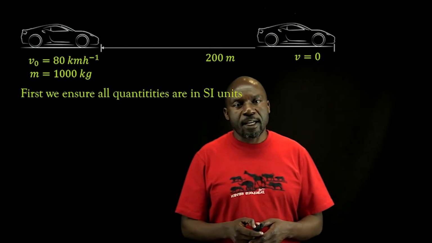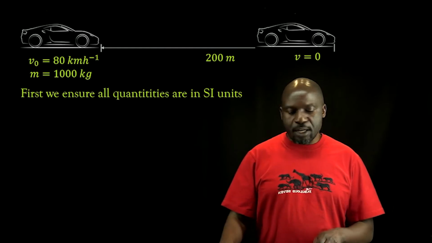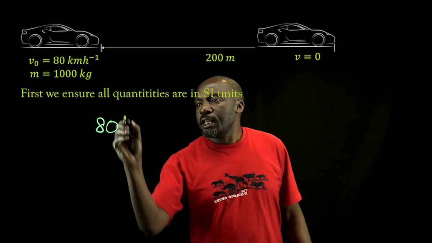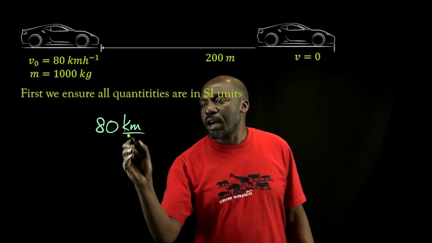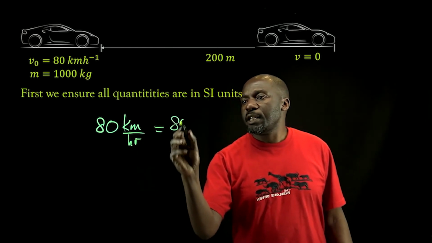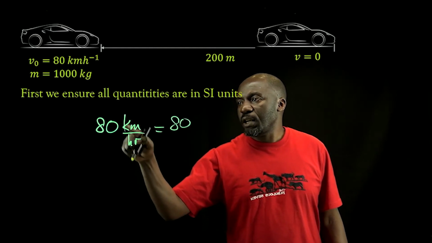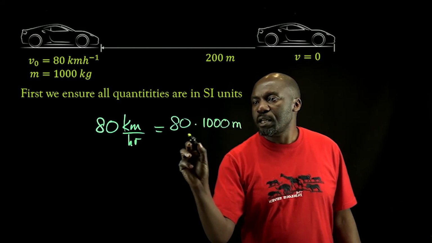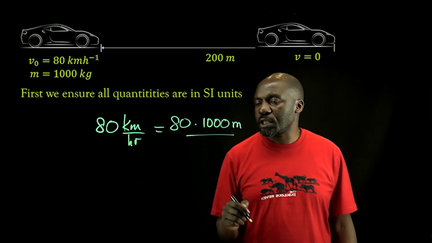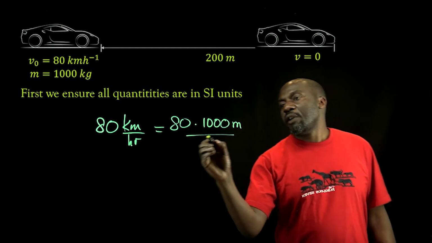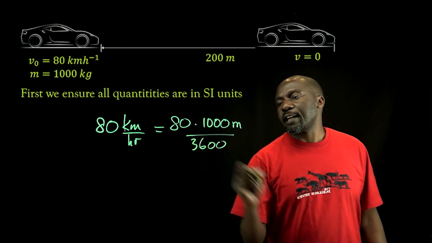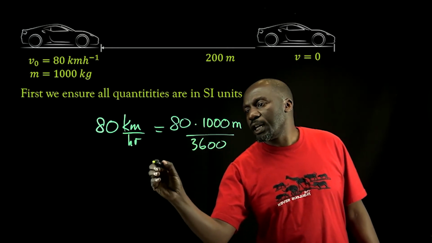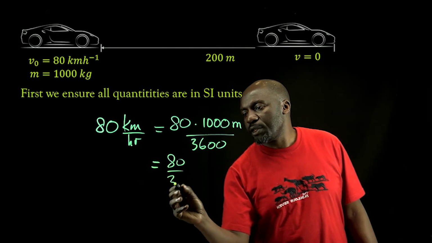To change to meters per second, we just divide by 3.6, and you can see how that comes about. 80 kilometers per hour is the same as 80, times 1,000 meters for the 1 kilometer, divided by 1 hour, which is 60 minutes, which is also 3,600 seconds. If I remove those 3 zeros, I have 80 divided by 3.6.